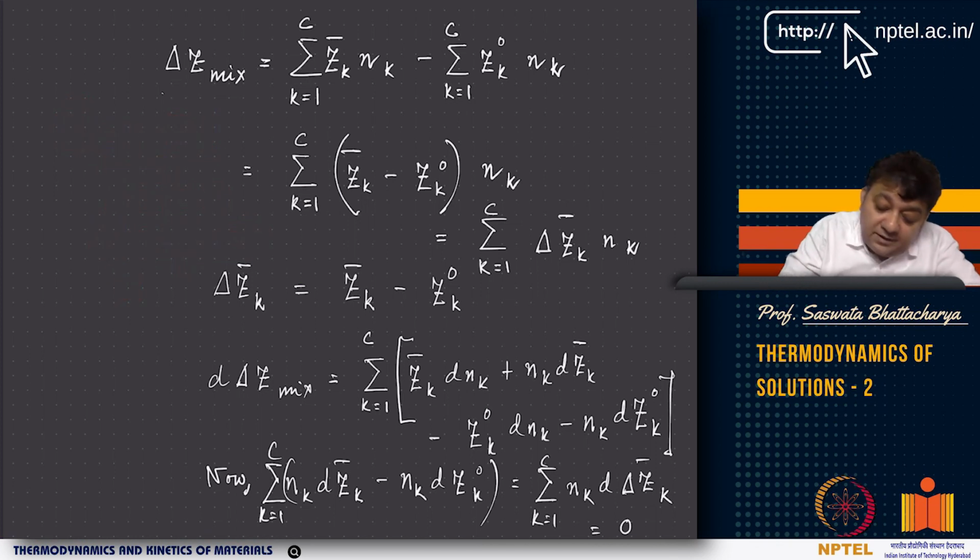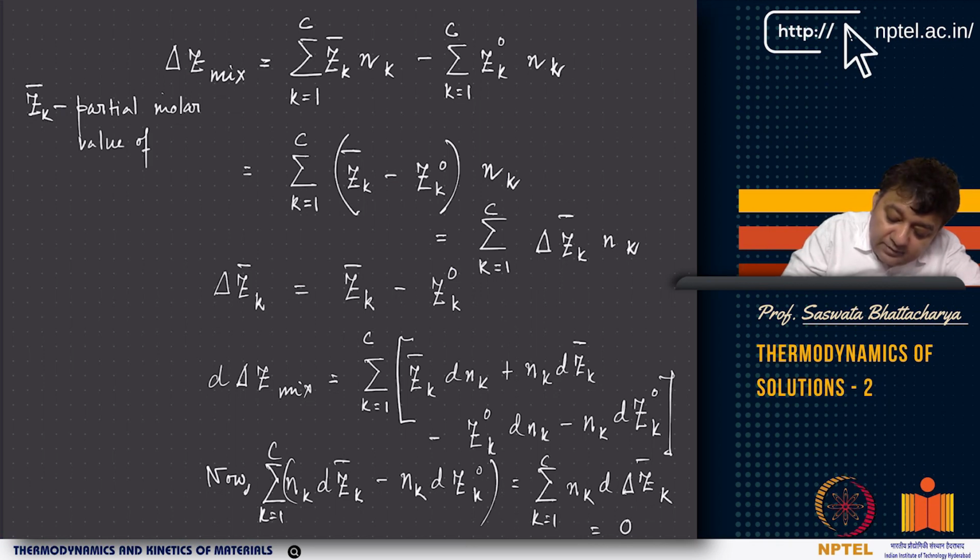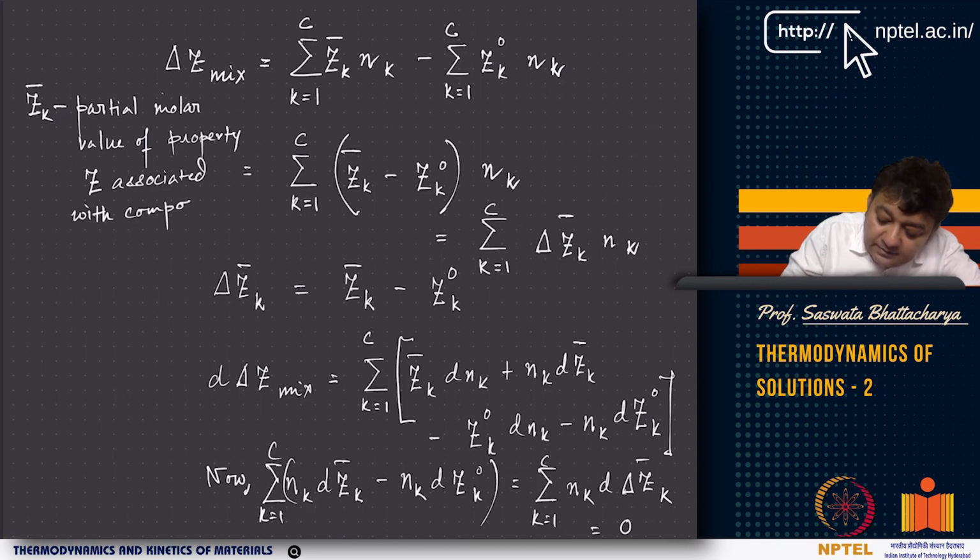So Zk bar, just to explain to you, is the partial molar value of property Z associated with component K in solution.